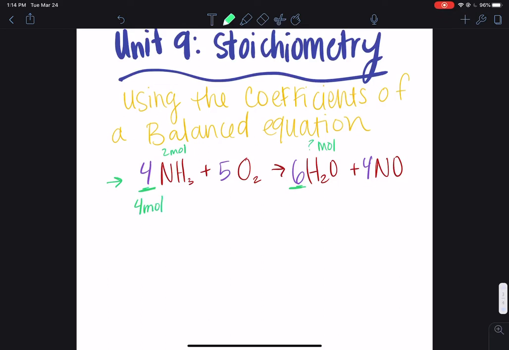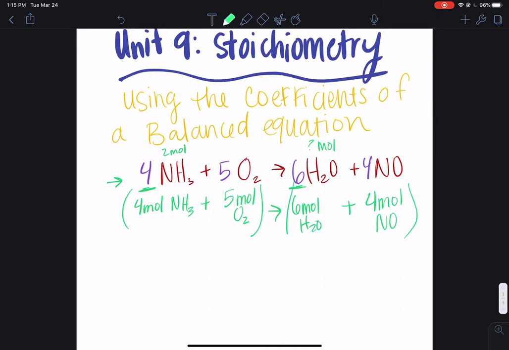That 4 moles of ammonia has to react with 5 moles of oxygen. And when this happens, you will get 6 moles of water plus 4 moles of nitric oxide. That is what this equation is saying.